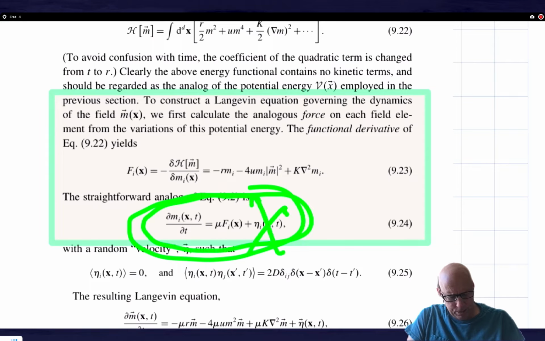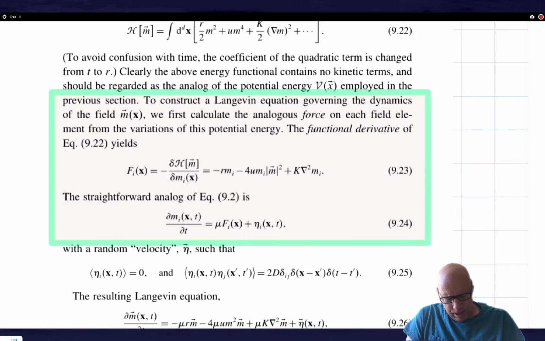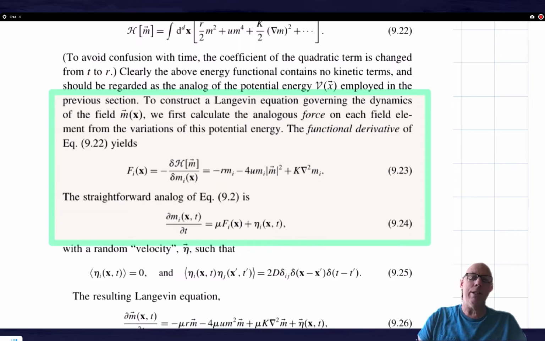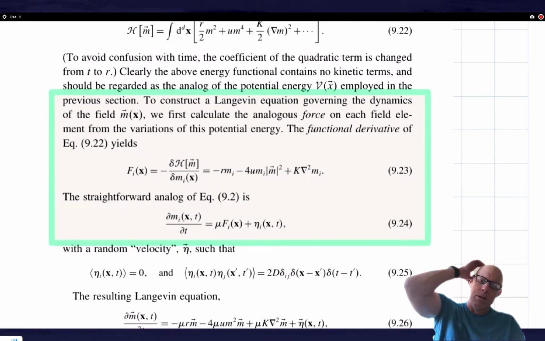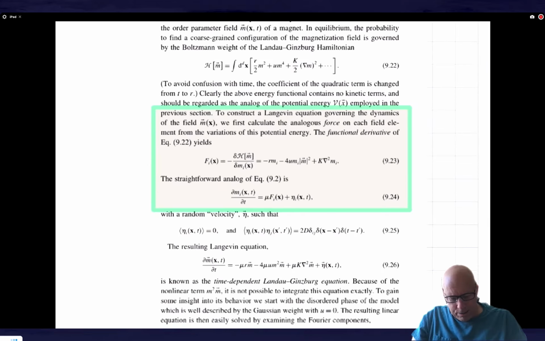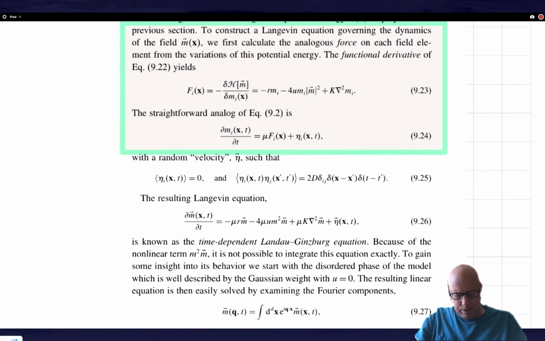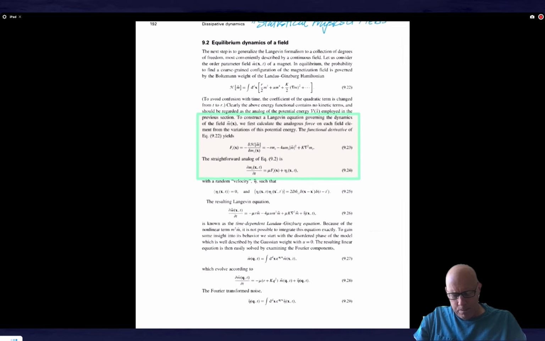Forget the noise term, but deterministically, what I'm saying is that the rate of change of m with time is given by some kinetic coefficient times the forcing function. What is the force? The force is the derivative of the free energy with respect to the parameter whose relaxation is of interest.